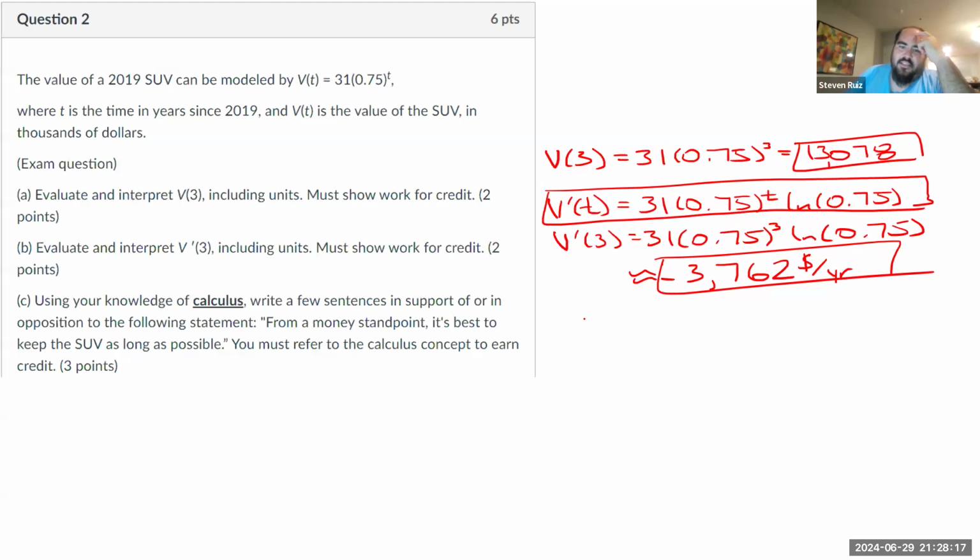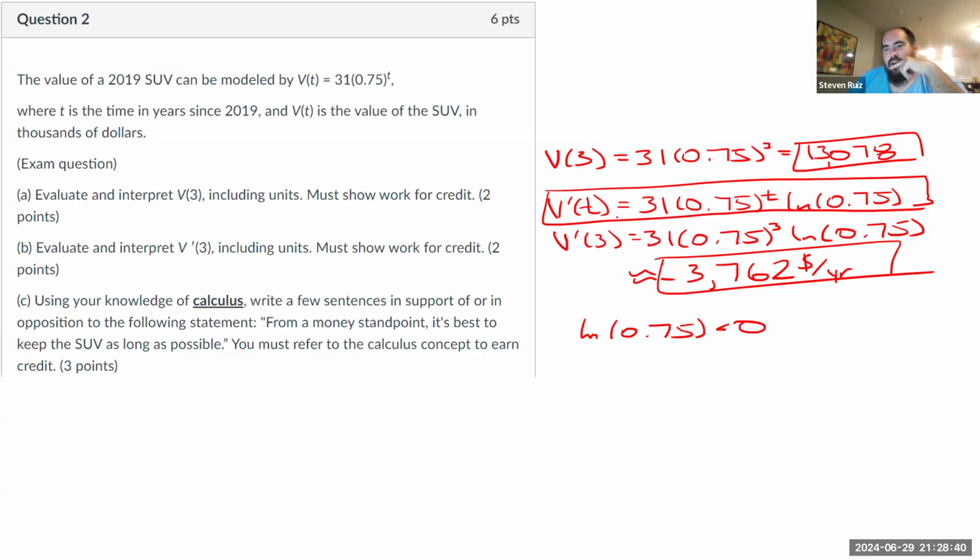One thing I want to point out is that the natural log of 0.75 is a negative number. Also, 0.75 to the t is a positive number. 31 is a positive number. So what does this mean? This means your derivative is everywhere negative.